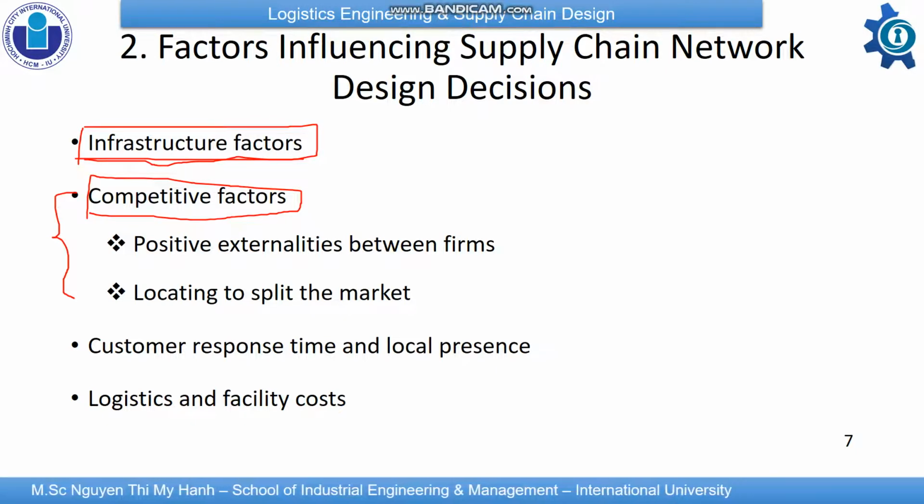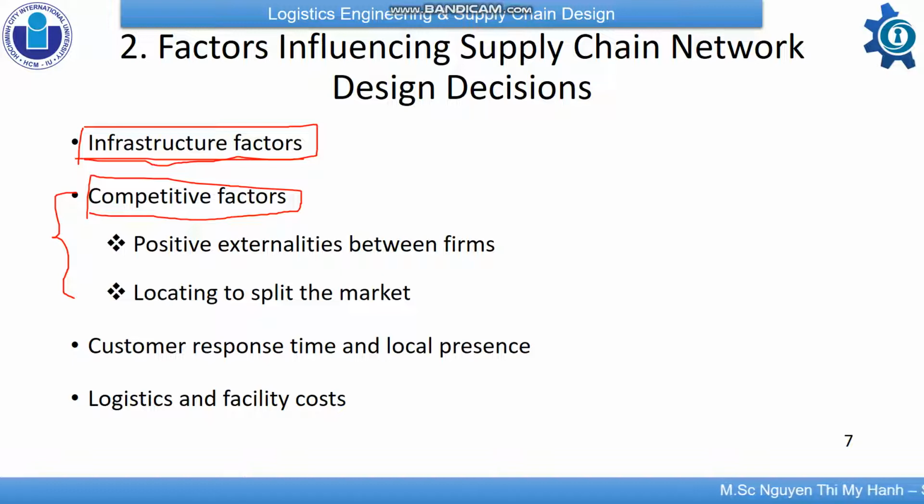If the company's target customer is a person who values short response time, they have to locate close to the customer. However, if their target customer cares more about the price and less about the response time, then they can choose their strategy.